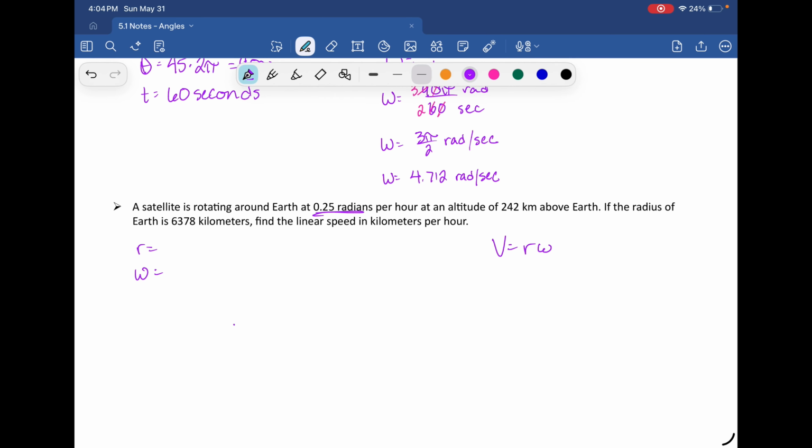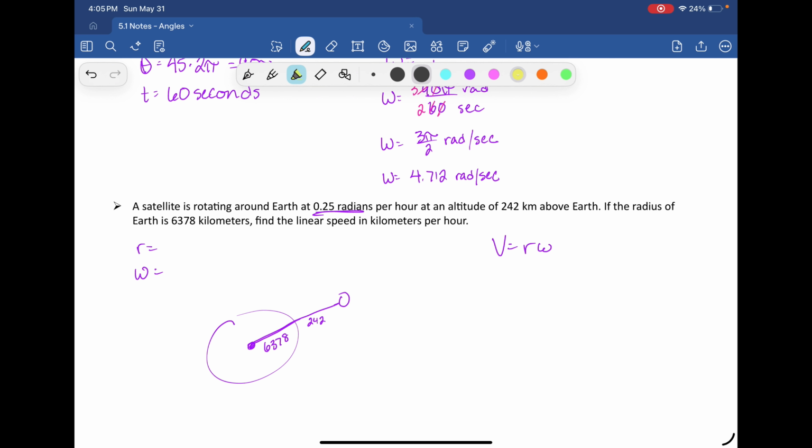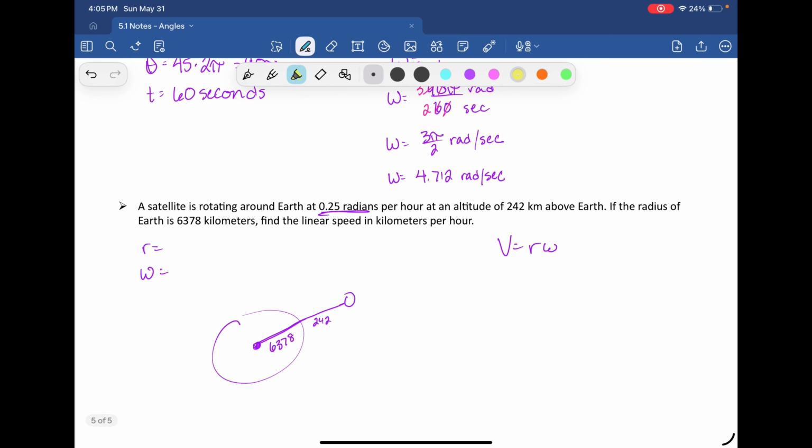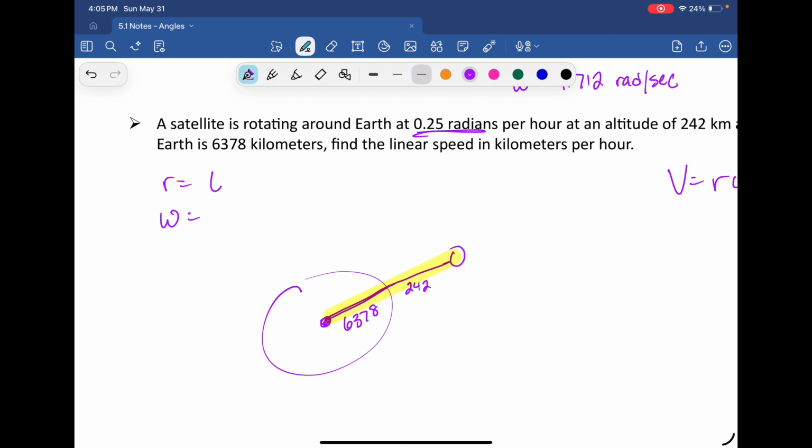Let's talk about the radius. If I have Earth and a satellite above Earth, 242 kilometers, but the radius of the Earth itself is 6,378 kilometers, so for the total radius we're going to add those two together. 6,378 plus 242 is 6,620 kilometers.